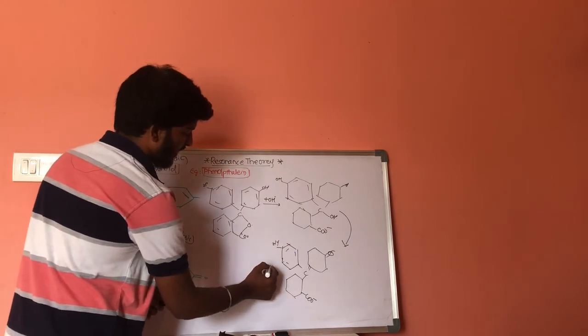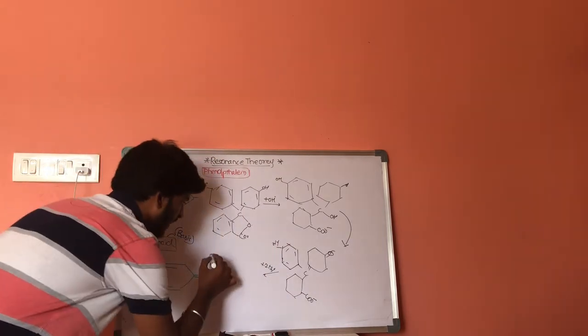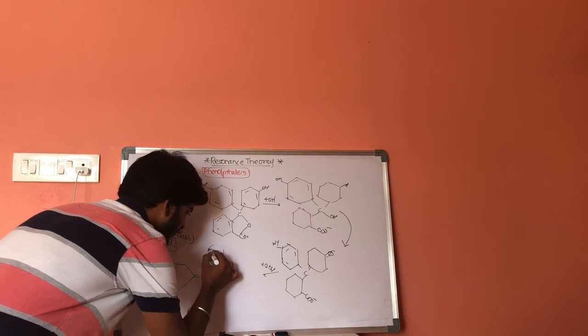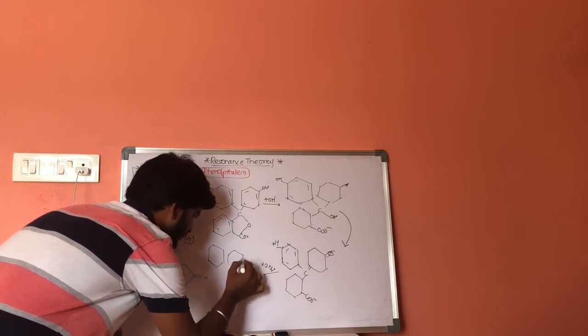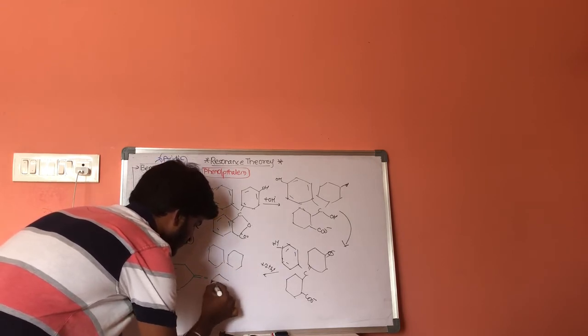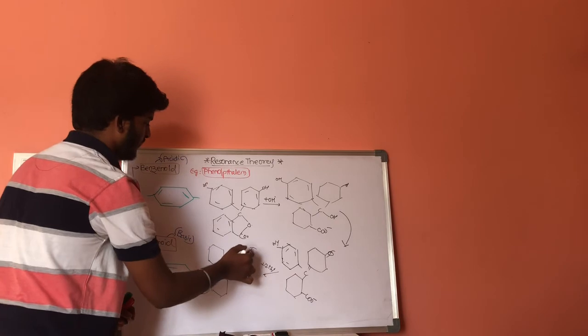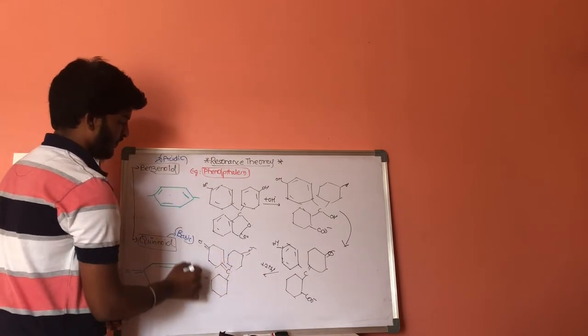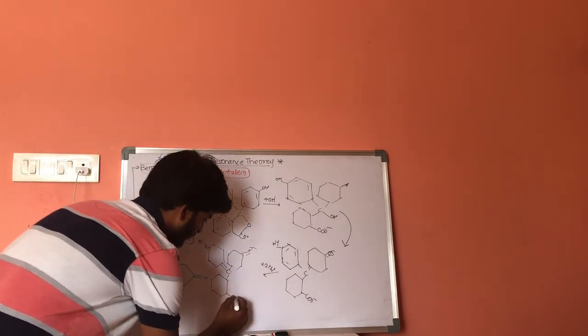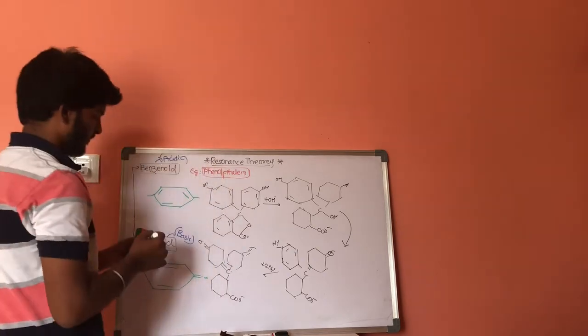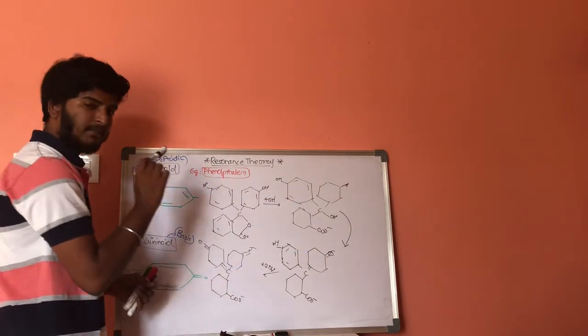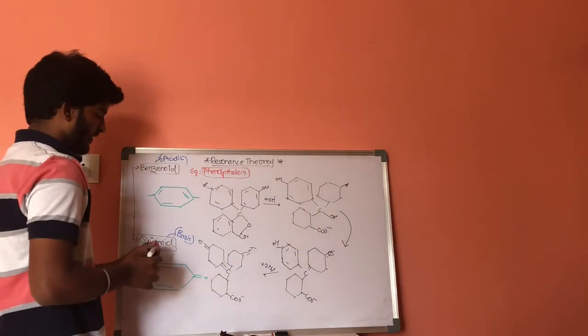Here, if it reacts with 2 moles of water, then again it gets converted into another form. These are the structural modifications of phenolphthalein.